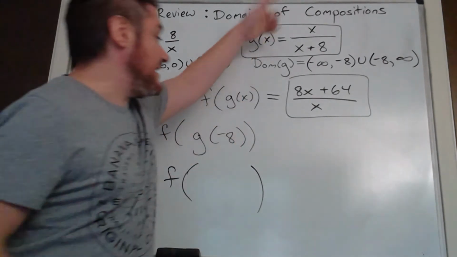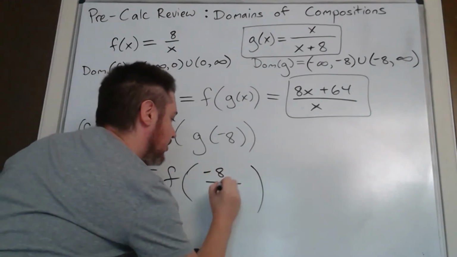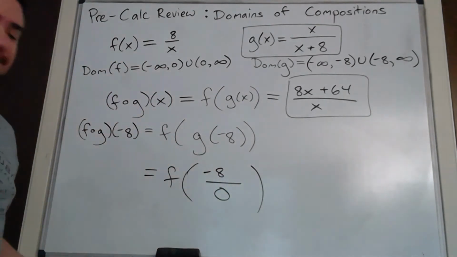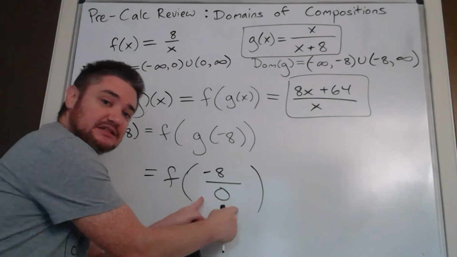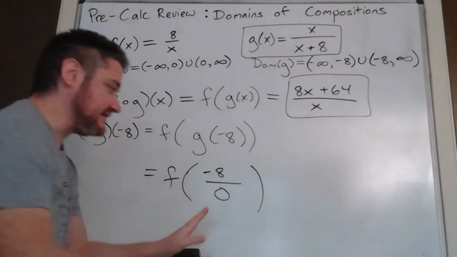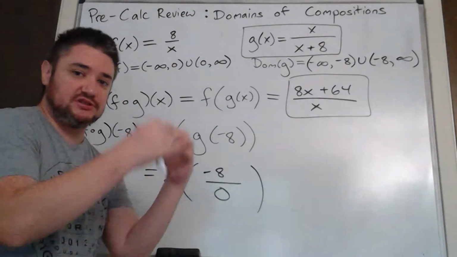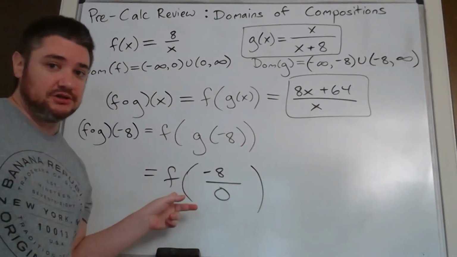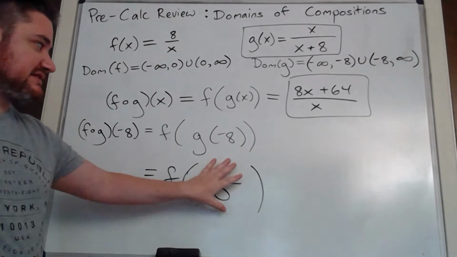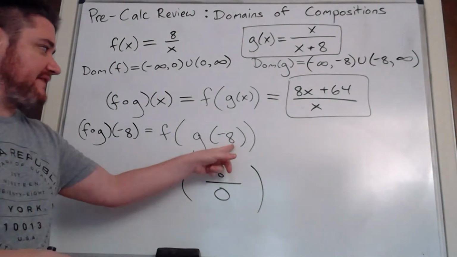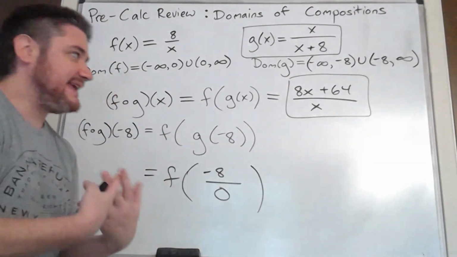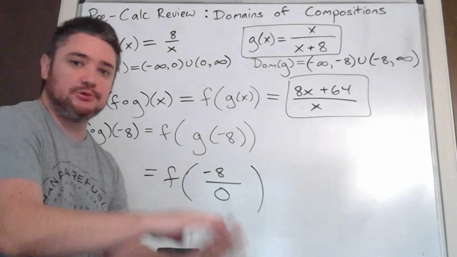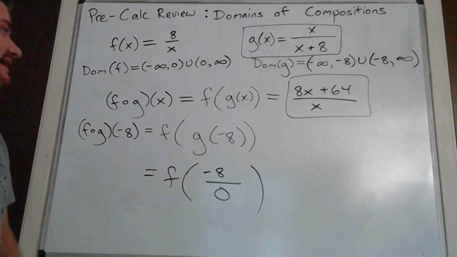Well, what's that going to give me? That's going to give me negative 8 over 0, and that doesn't exist. This expression inside these parentheses does not exist. It's like a figment of your imagination. And you can't plug that figment into f. Since this piece doesn't exist, negative 8 can't make it through the two-step process, can't make it through the composition, and so we have to reject it. So we reject negative 8.